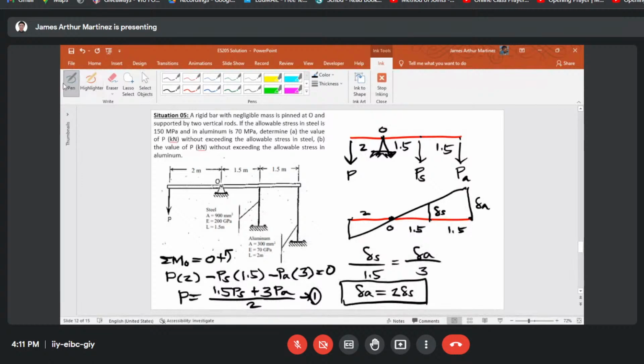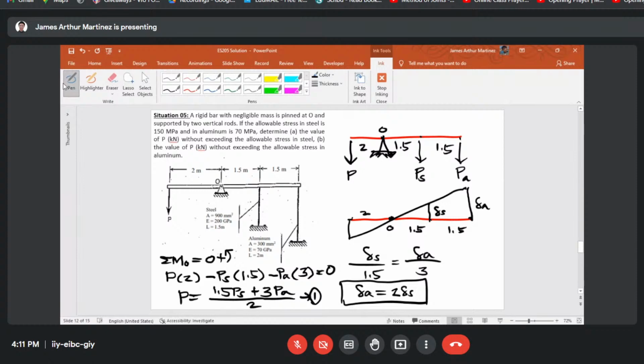So actually, there is also a letter C. Find the value of P in terms of kilonewton without exceeding the allowable stress in both materials, steel and aluminum.